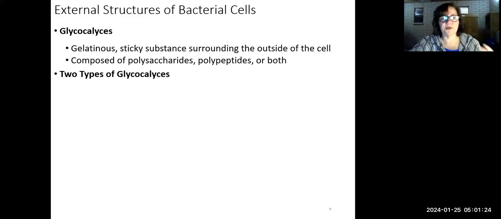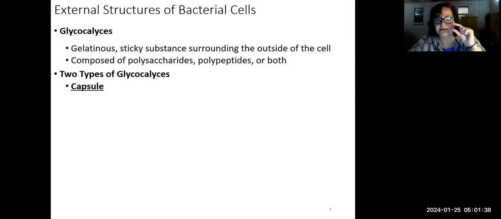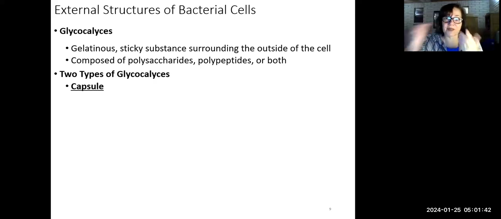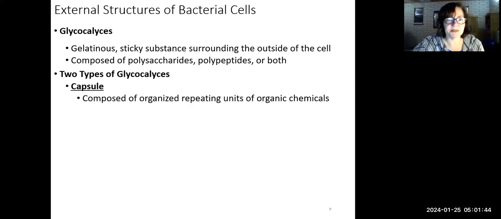And it's a way for, well, let's just talk about two glycocalyces. One is tidier, it's tighter, it's called a capsule. And you know what capsules are, like space capsules or medical tablets. They're capsules that are filled with stuff inside them. That's what we mean by capsule.